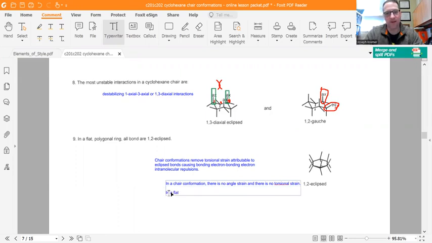In a flat cyclohexane ring, there would have been torsional strain due to eclipsed bonds. That's why that plastic model was wanting to assume a chair conformation even before I was ready to take it into one.